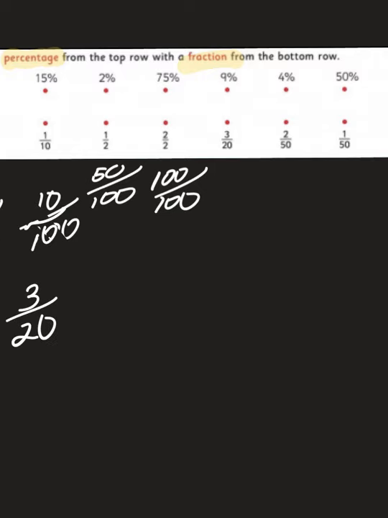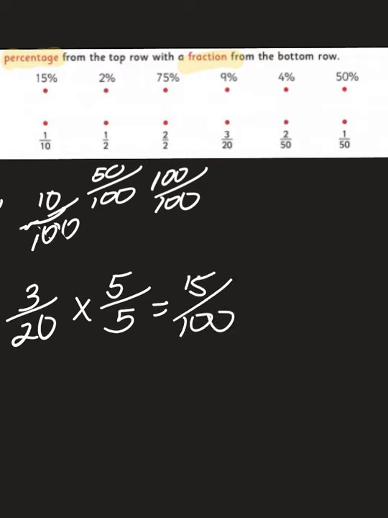So 3 over 20. 20 needs to be multiplied by 5 to make it into hundredths. So 3 over 20 is 15 over 100. So that's 15 over 100.